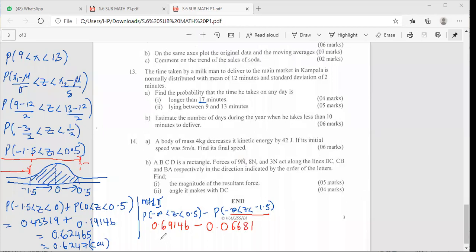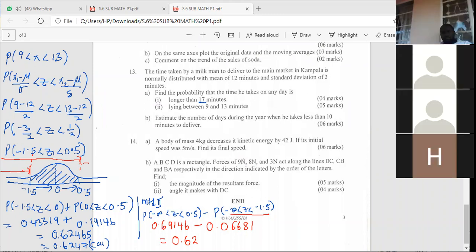And you subtract. 0.62465. Okay, still we are using a calc.